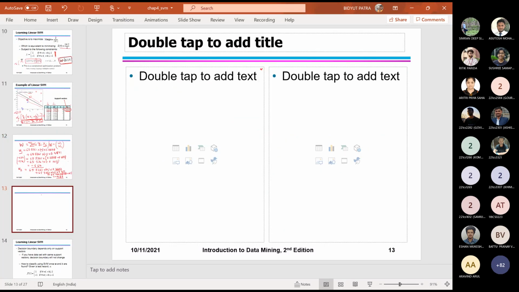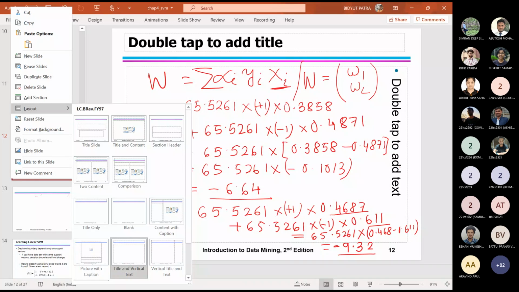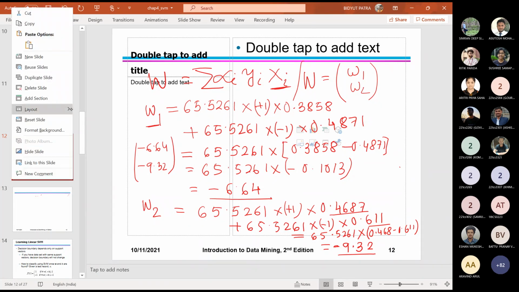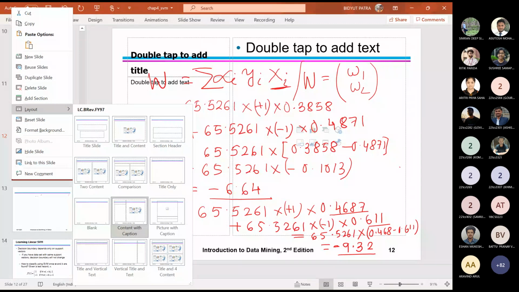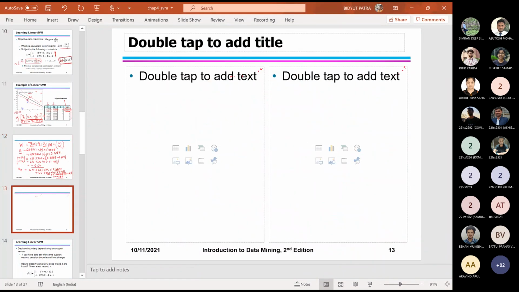What is this? I cannot handle it. It's blank, but still it is coming.